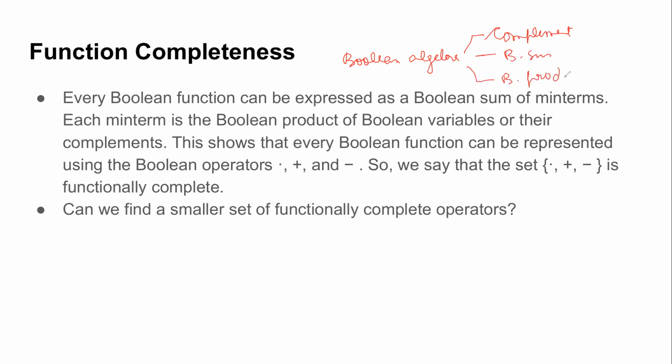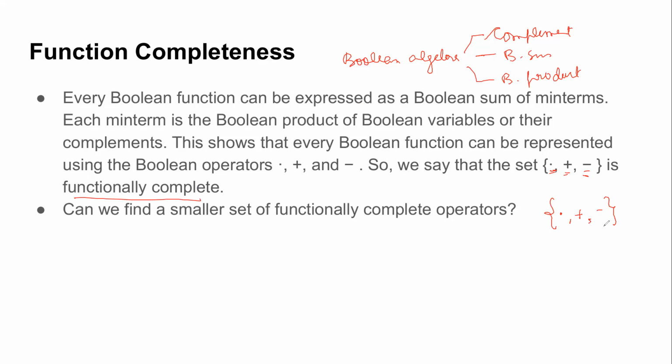So if you consider the three operations, the complement, the Boolean sum, and the Boolean product, we know this is functionally complete because these are the only operations in Boolean algebra. All possible operations which I need to perform in Boolean algebra are just these three, so they automatically can perform all the operations in the Boolean field.